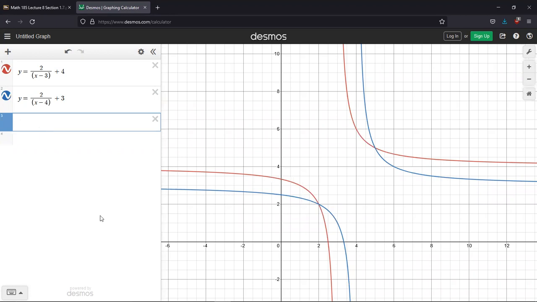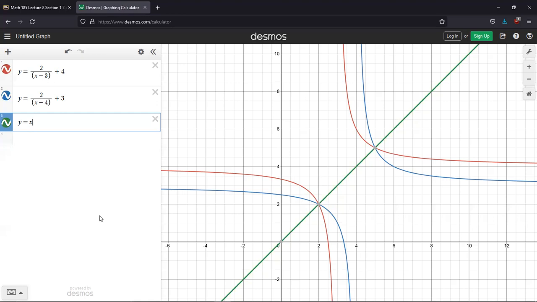Here's the punchline. I'm going to graph the line y equals x. The reason I'm graphing y equals x is because if you switch x and y, that's another way of saying y equals x. If they're allowed to trade places, that's another way of saying y equals x, which is that line right there.